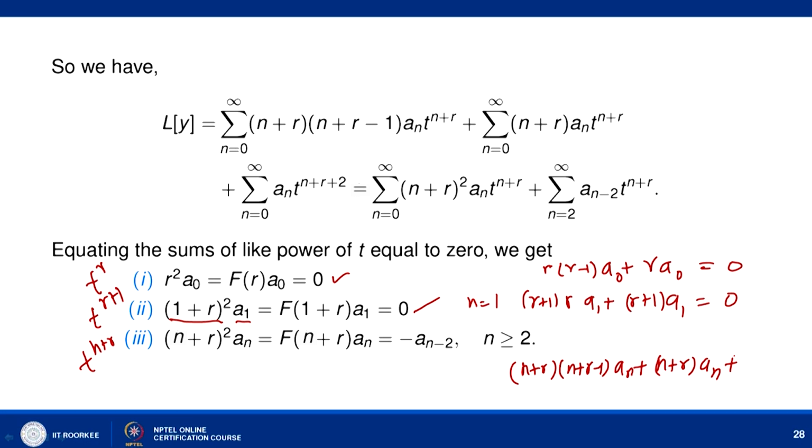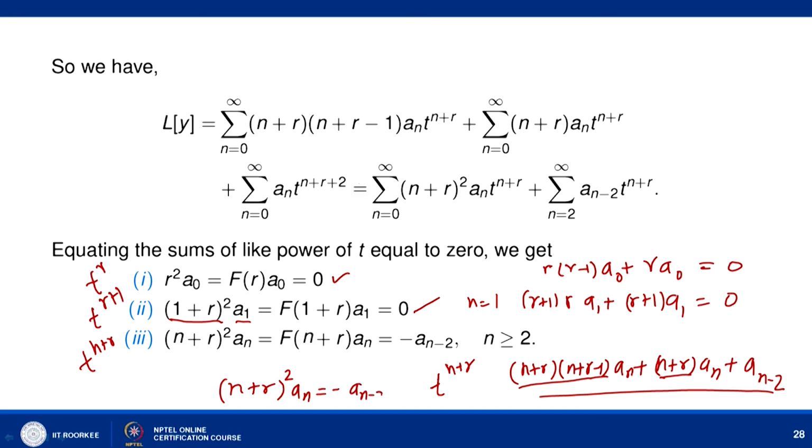So, if we replace n by n minus 2, then that power will be t to power n plus r. So, here we write a n minus 2, and that is the coefficient of t to power n plus r. If you simplify this, it will give you n plus r whole square a n equal to minus a n minus 2.